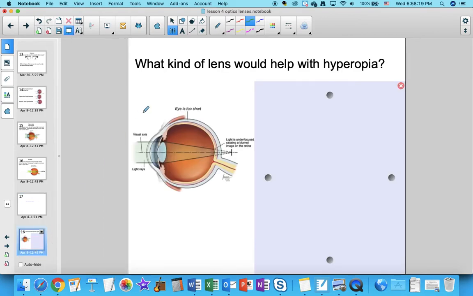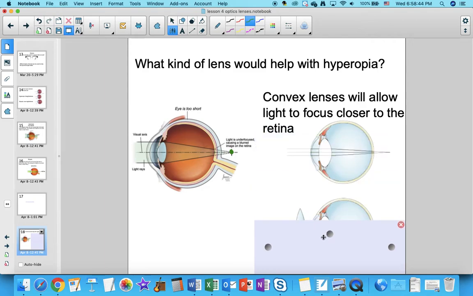So, what kind of lens would help you with hyperopia? If you were farsighted and the light is being focused too far back, or you wanted to pull the focus closer to the retina, what kind of lens would you use? Well, you would use a convex lens, right?